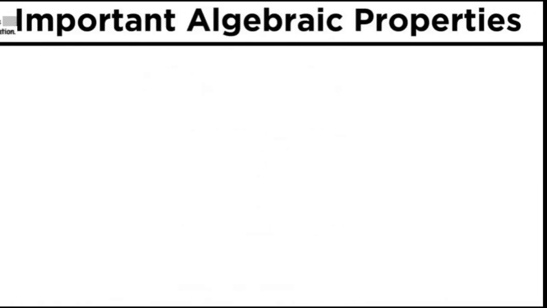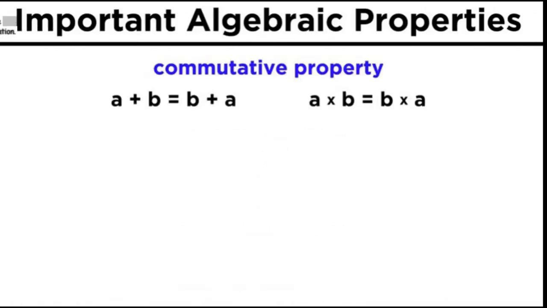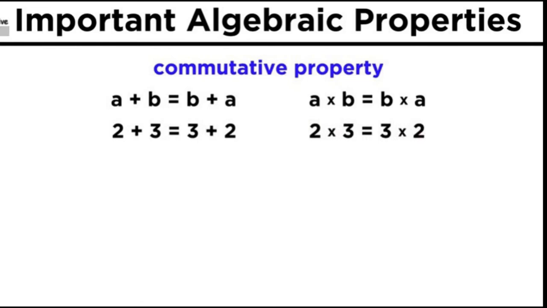Other properties that also apply include the commutative property for addition and multiplication. 2 plus 3 is the same as 3 plus 2, and 2 times 3 is the same as 3 times 2. In algebraic terms, the commutative property applies in principle the same way.